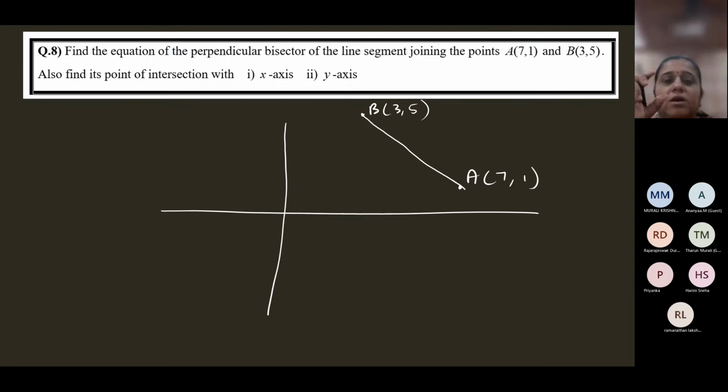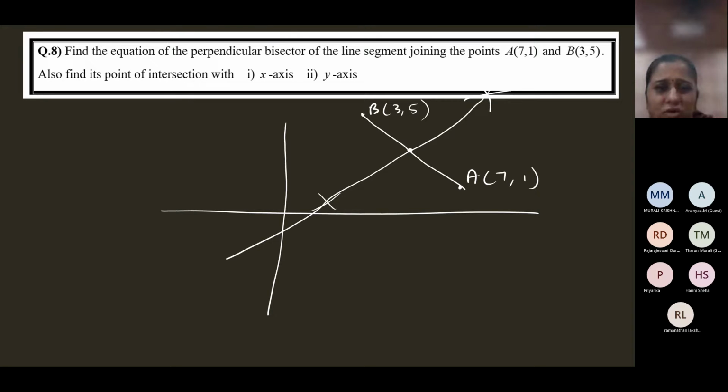With A and B as centers, you cut arcs here and join. So this is the perpendicular bisector of the line segment AB.